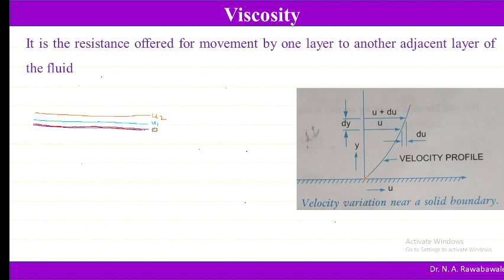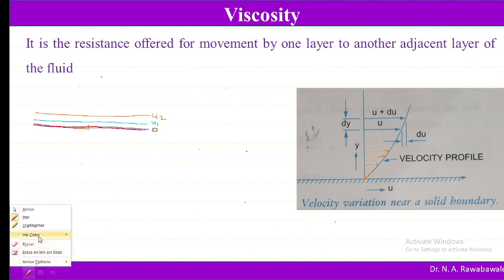So as we move away, the layers will have higher and higher velocity: 0 velocity, then u1, u2, u3, u4 and so on. The velocity increases gradually as we move away from the surface. When we are very close to the surface, the velocity of fluid flowing over it is 0, and as we move away, the velocity is going to change.